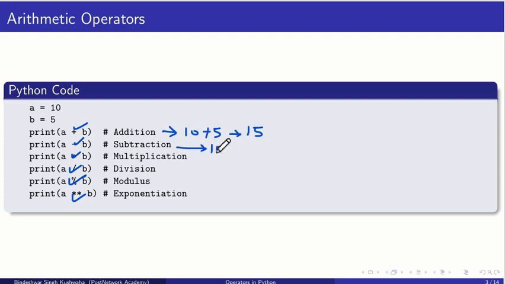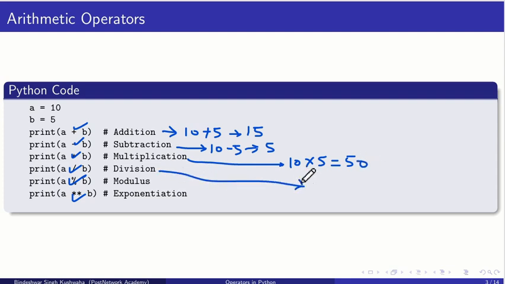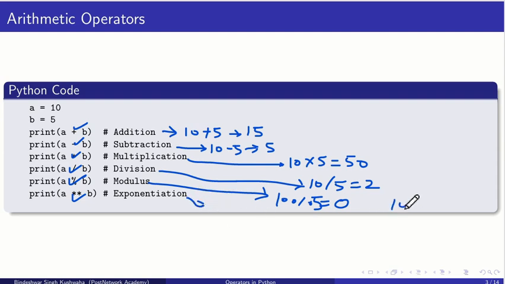Here 10 minus 5, that would be 5 after subtraction. Multiplication 10 into 5, that is 50. Division 10 upon 5, that is 2. Modulus, that is the remainder, 10 modulus 5, that would be 0. And exponentiation, 10 to the power 5.